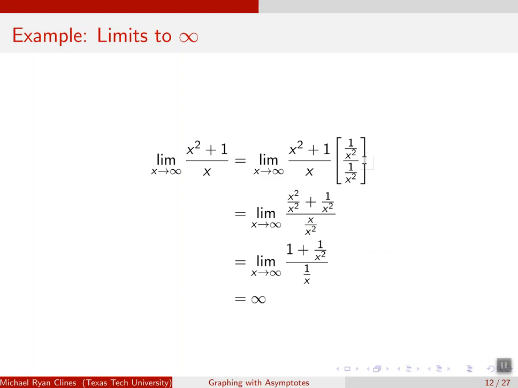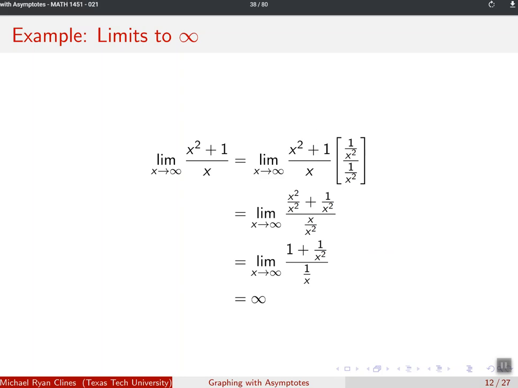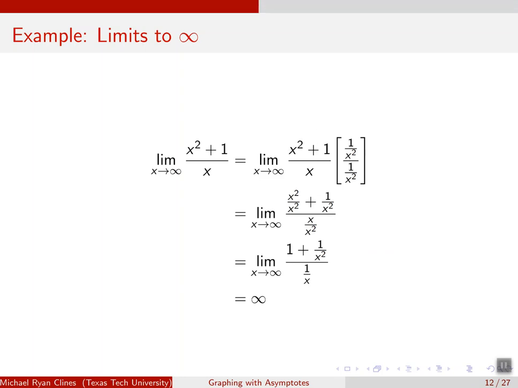In the next part of this lecture, we're going to go over something called the Tower of Power, which is going to give us a way of picking what value we want to divide all these terms by, so that when we take the limit as x goes to infinity, we actually get useful information.